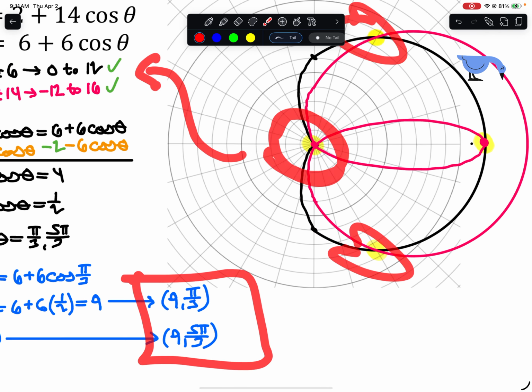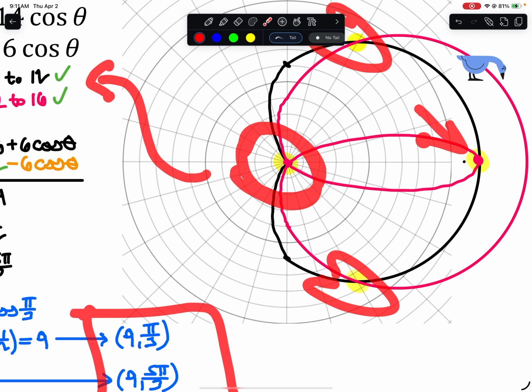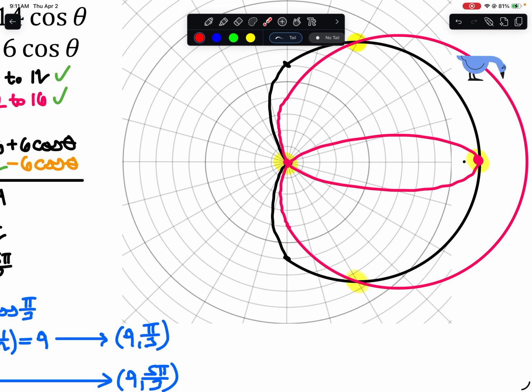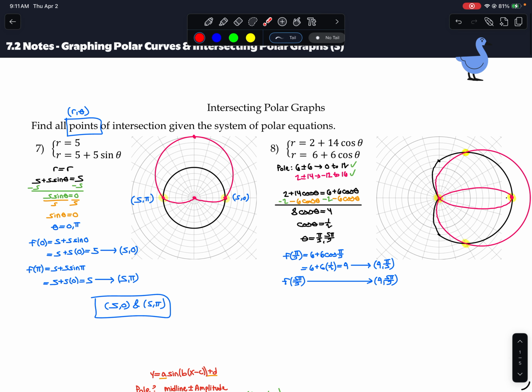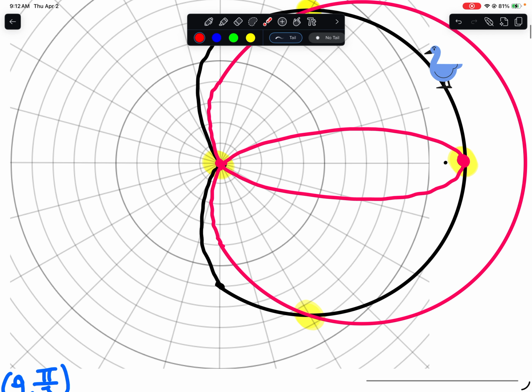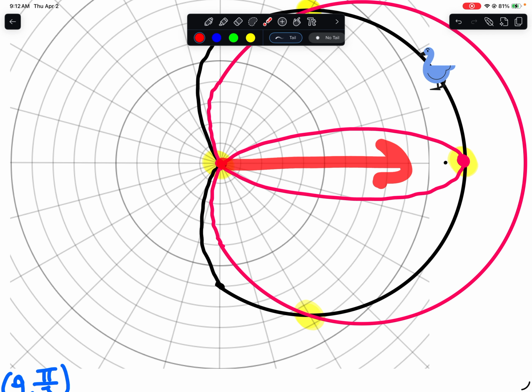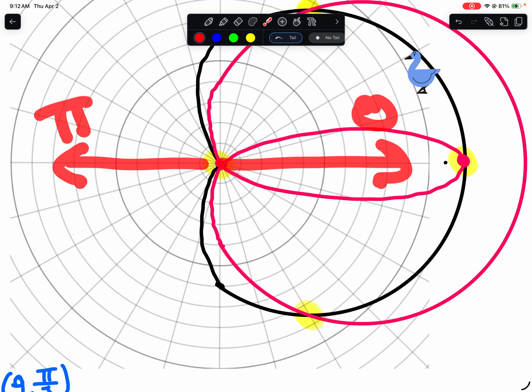Now, if you notice, we did not get this last point over here. So in order to get that last point, you're looking for a reflected point. Because you're looking for a reflected point, you know that this is going to go either in the direction of 0 radians or in the direction of pi radians, but have a negative r value.